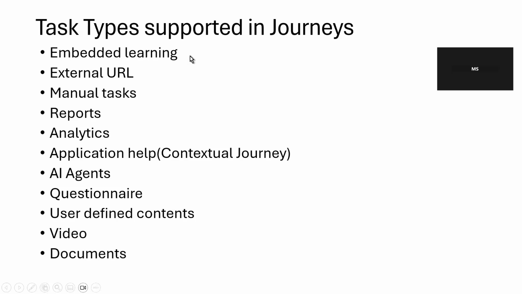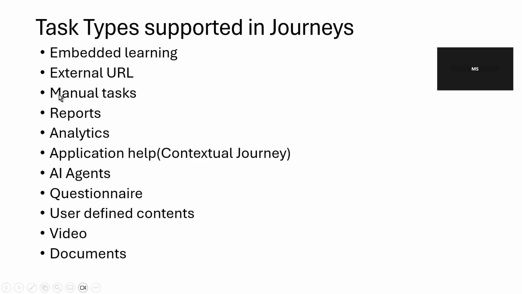Embedded learning is nothing but you embed the learning activity, the learning content, into this so that they go through that learning content before initiating an action. External URL is providing open source links so that if they want to review or refer to something on certain actions, they will be able to do it through the links.